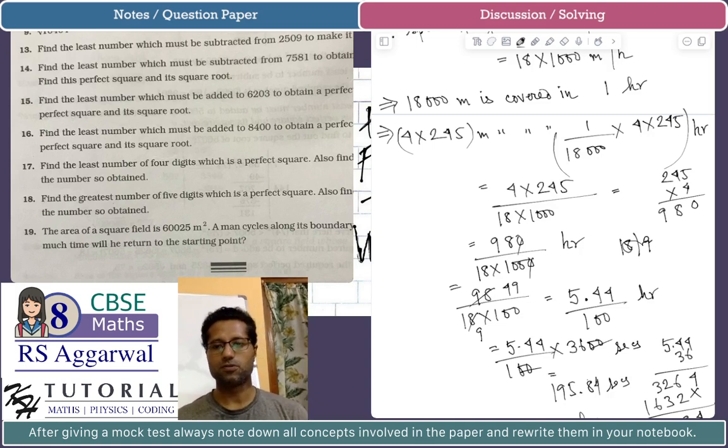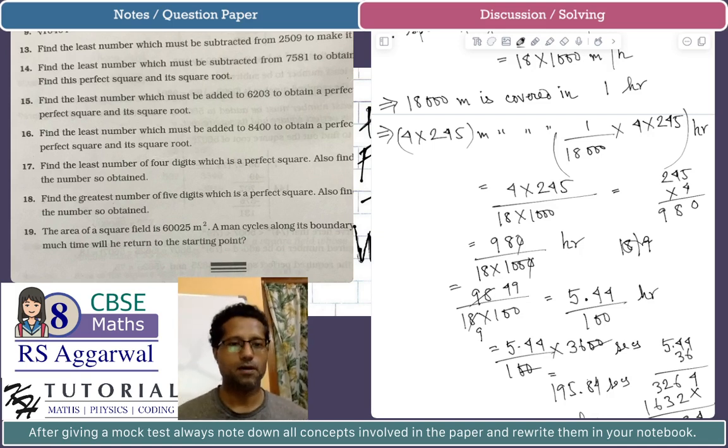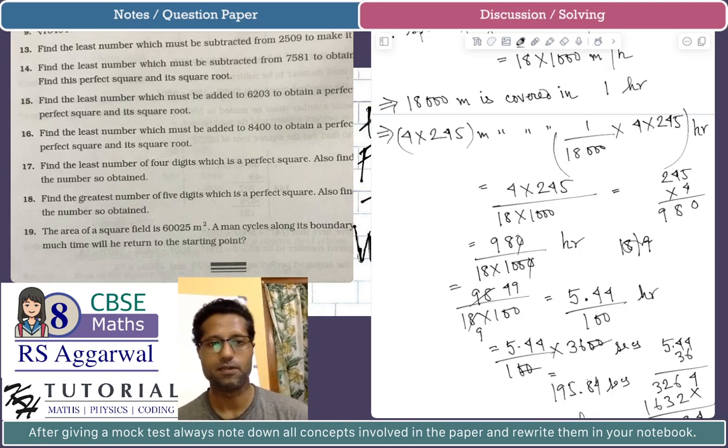So I hope you understood the concept of the long division method, how to find the square root of a perfect square, and applying that concept, how we solve some very typical patterns of questions: the least number to be added or subtracted to a given number to make it a perfect square, the least number of 4, 5 or 6 digits which is a perfect square, and the greatest number of 4, 5 or even 6 digits which is a perfect square.